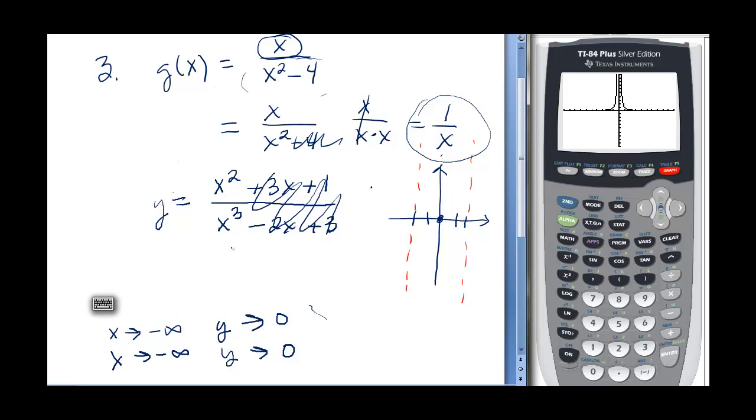So basically we would have x squared over x cubed, which again ends up with that 1 over x situation. So this is going to approach 0 when x is very, very big or very, very small. Okay, so that wraps up number 3.